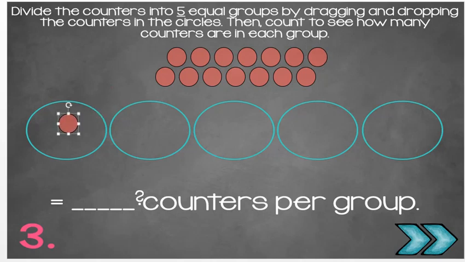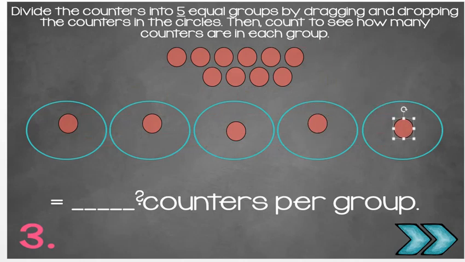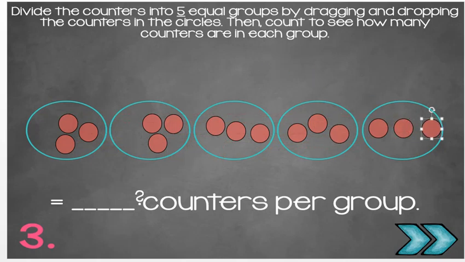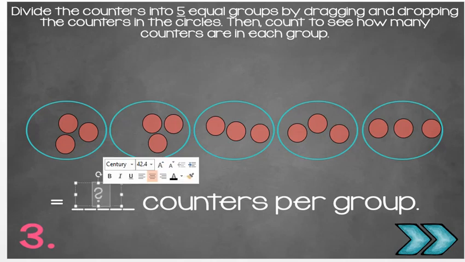So 1, 2, 3, 4, 5. 1, 2, 3, 4, 5. 1, 2, 3, 4, and 5. So now in each group, so we had 15 and we divided it into 5 groups. So each group now has 1, 2, 3.